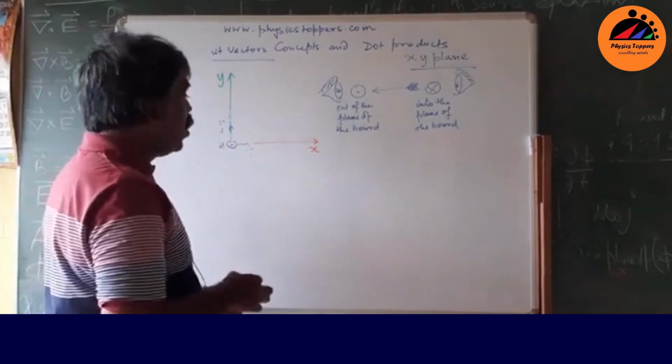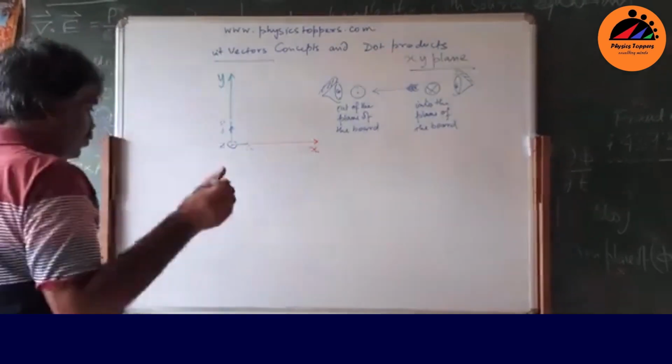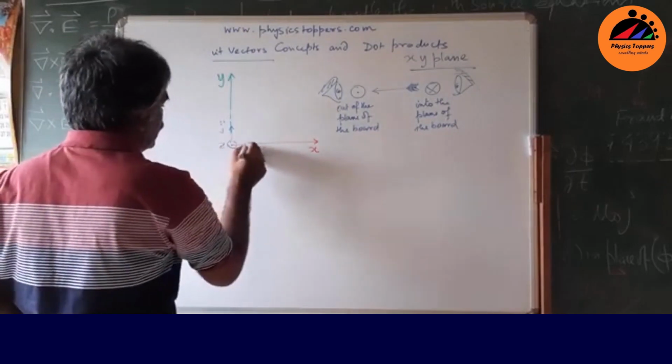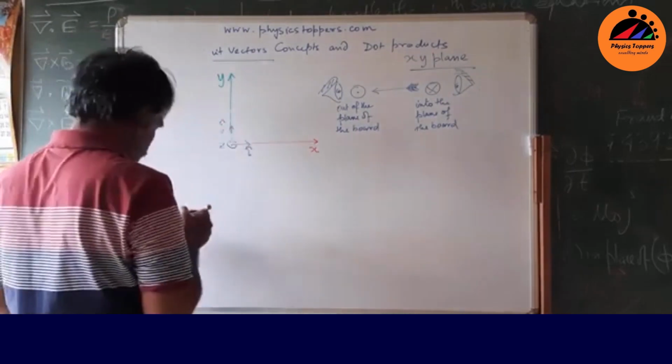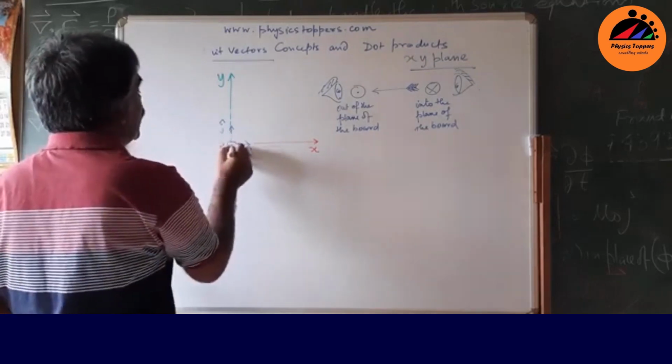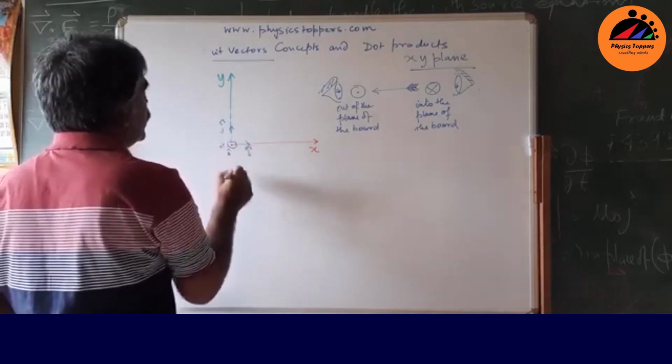So along x, the unit vector is i cap. One thing I must mention: the unit vector along z is k cap.